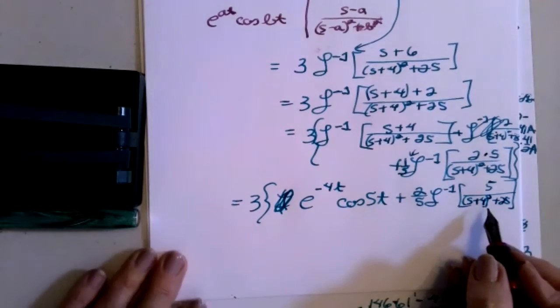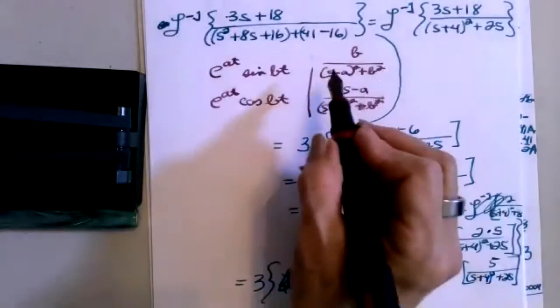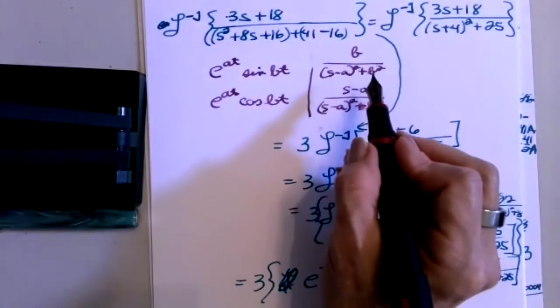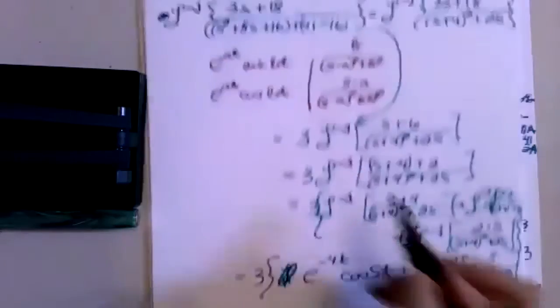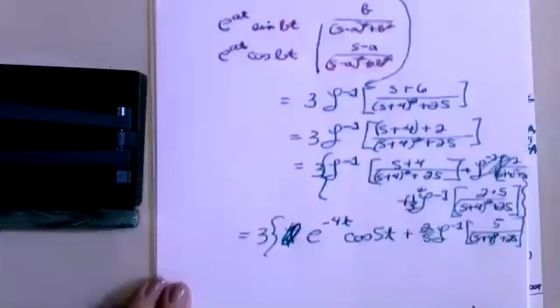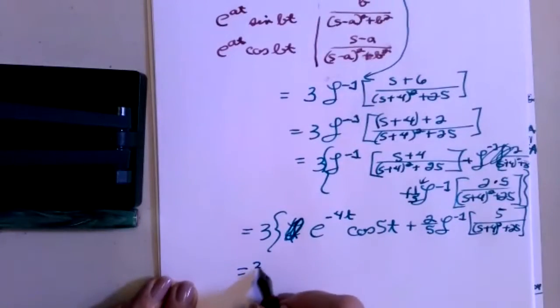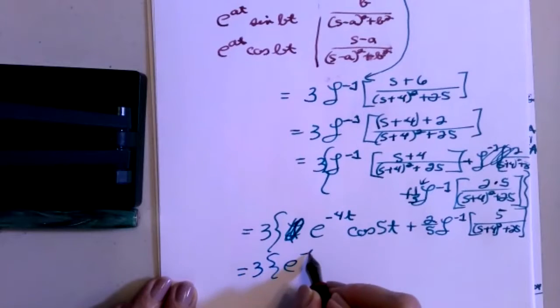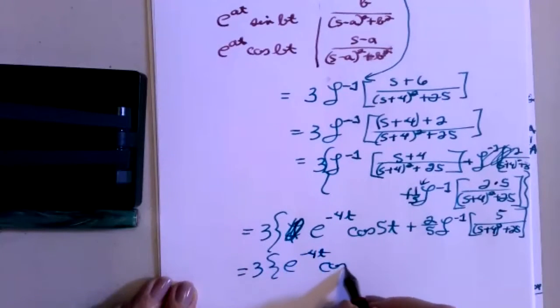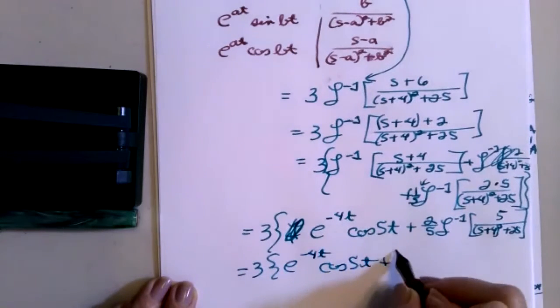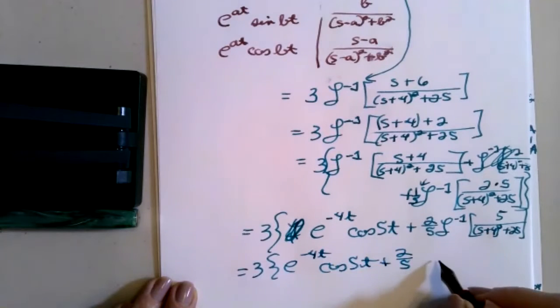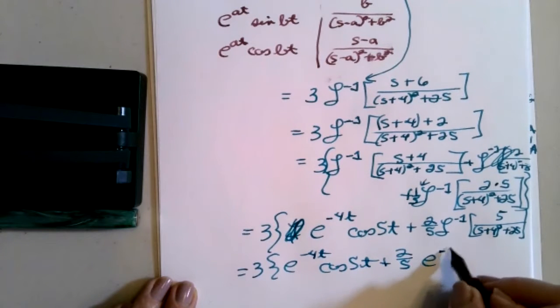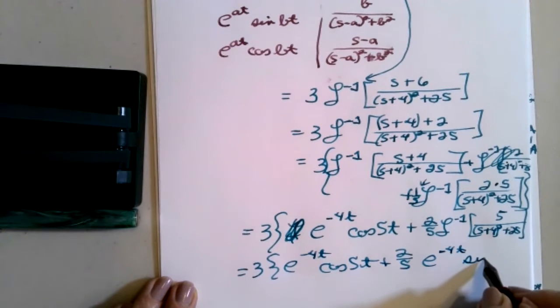Now we're ready to use this one because I have a b squared, that is the 25, and then I have the 5 up top. So I can use that formula. So I have 3 times e to the -4t cosine 5t, and then I have 2/5 e to the -4t sine 5t.